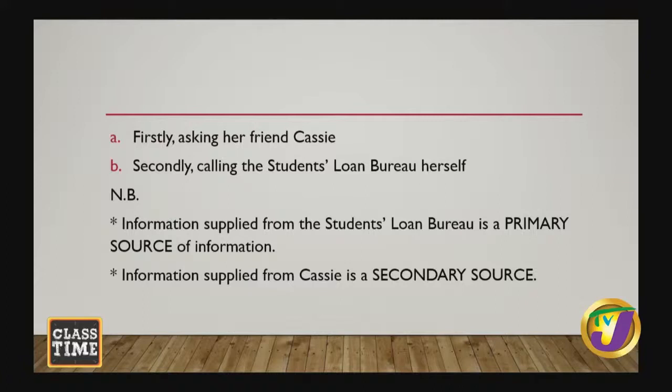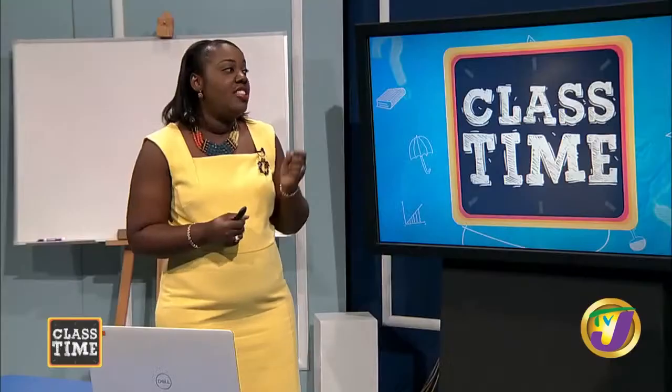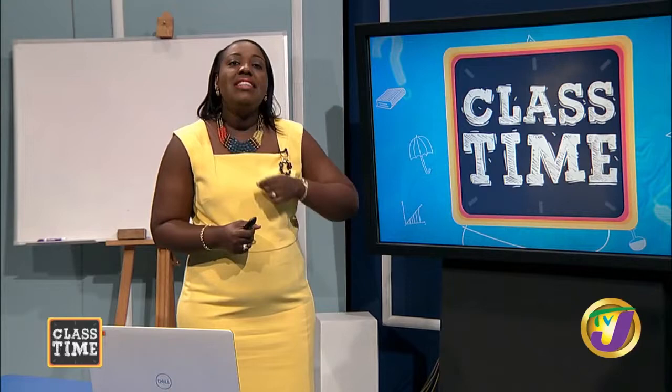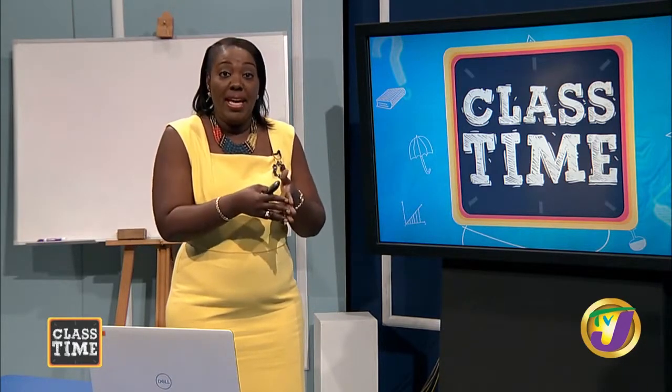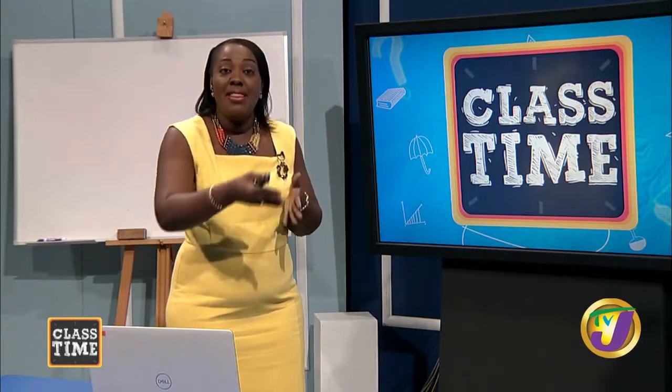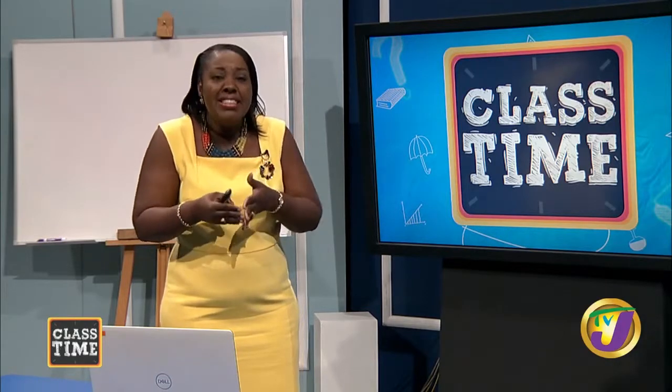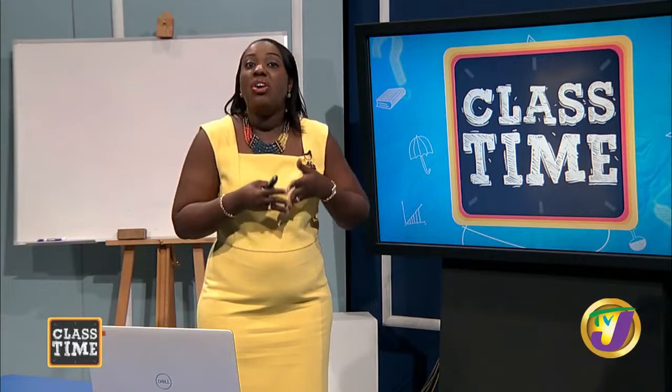Kamara went there and she got it firsthand. While the information supplied from Cassie is a secondary source because she went through somebody who already had the experience. So it's not as direct as going to the bureau herself.